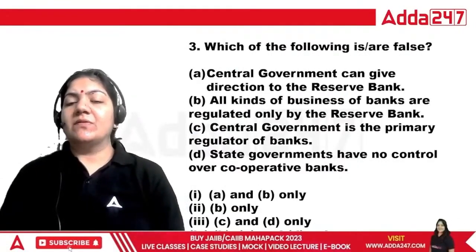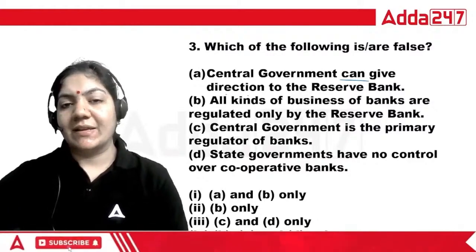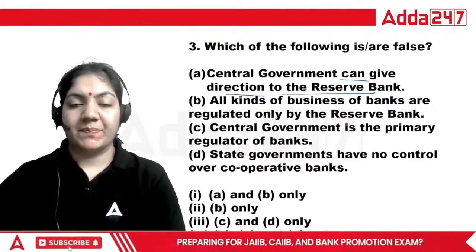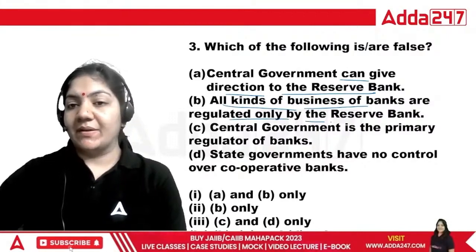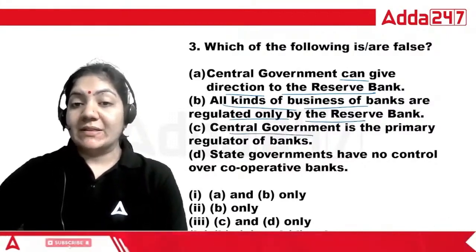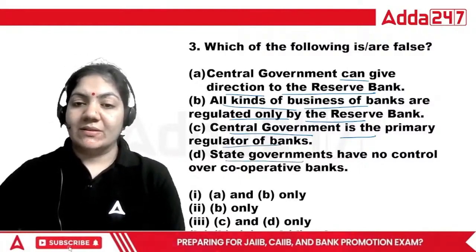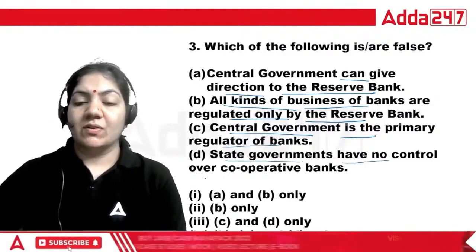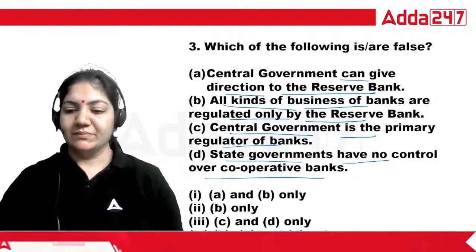Which of the following is false, class? Central government can give directions to the Reserve Bank. All kinds of business of bank are regulated by Reserve Bank. Central government is the primary regulator of bank and the state government has no control over cooperative bank. Which of the following is the right answer?